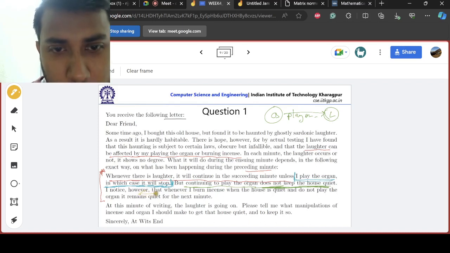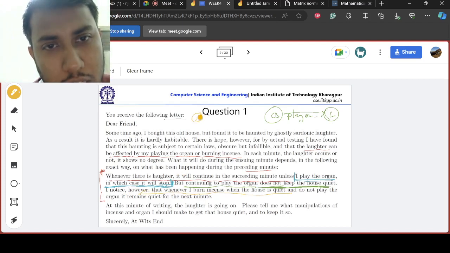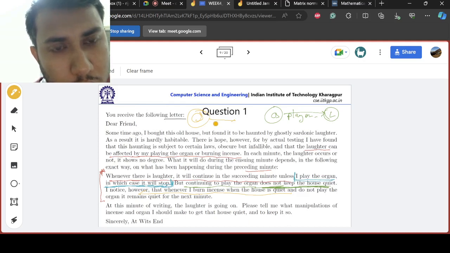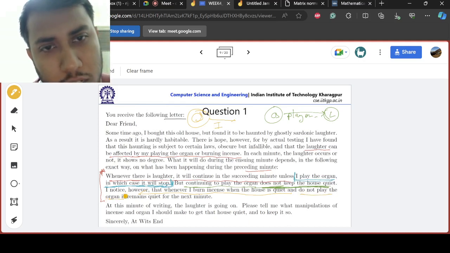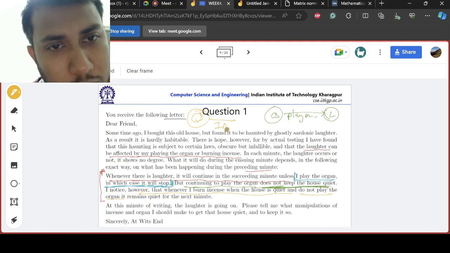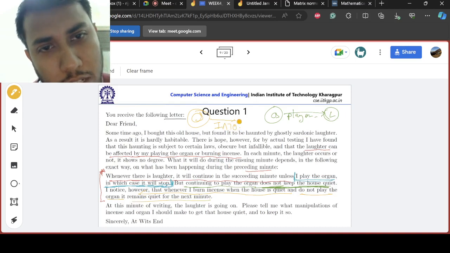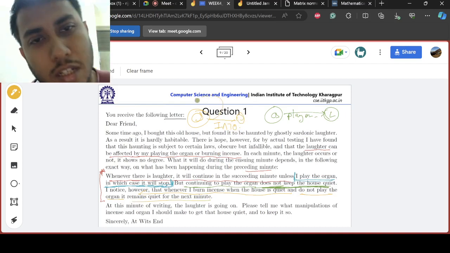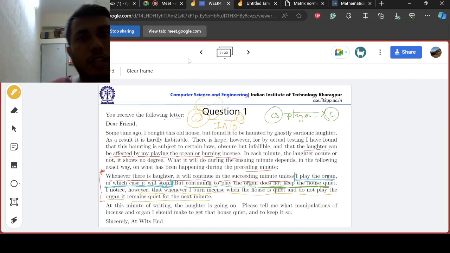However, when the house is quiet and you are burning the incense and also not playing the organ, that time it remains quiet for the next minute. So it will remain quiet for the next minute. That is what it is meant to say.